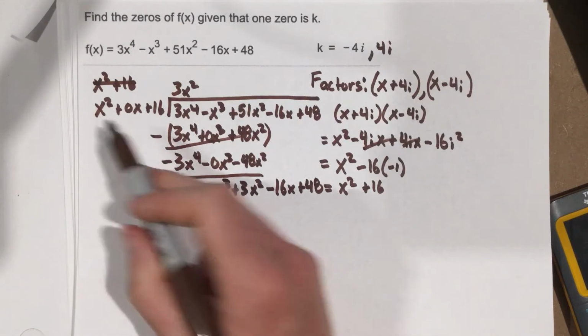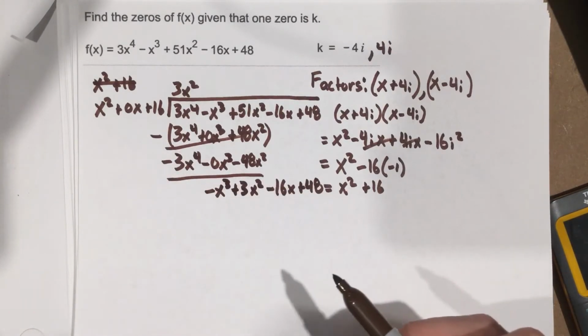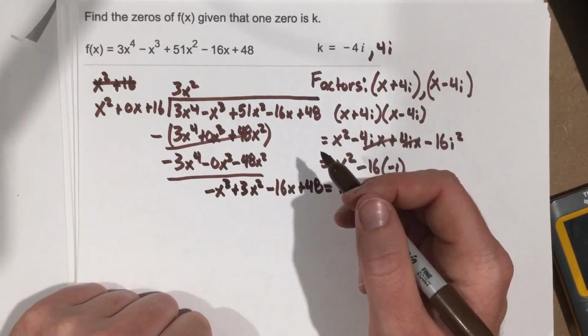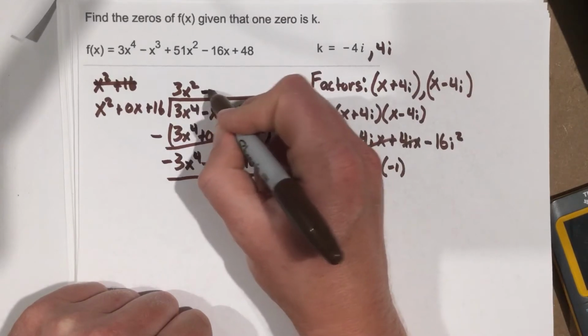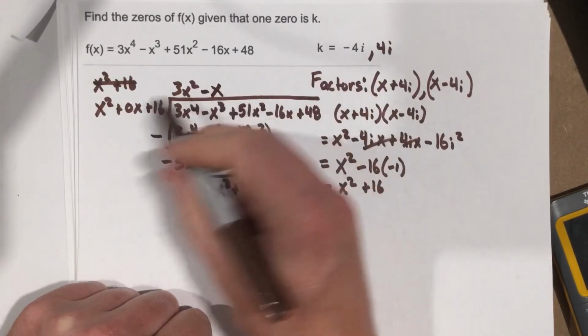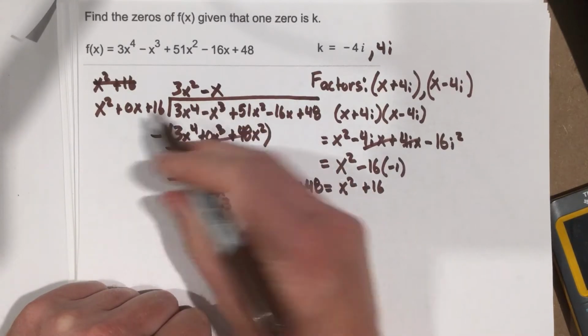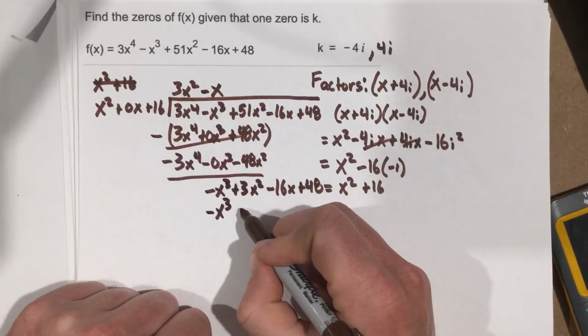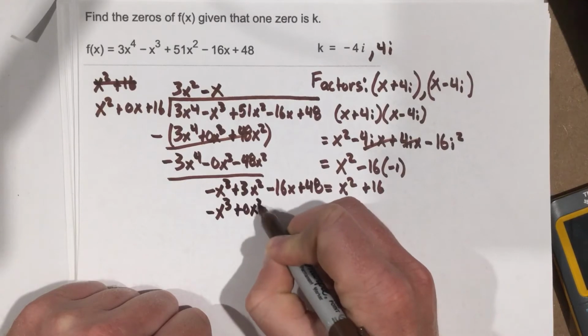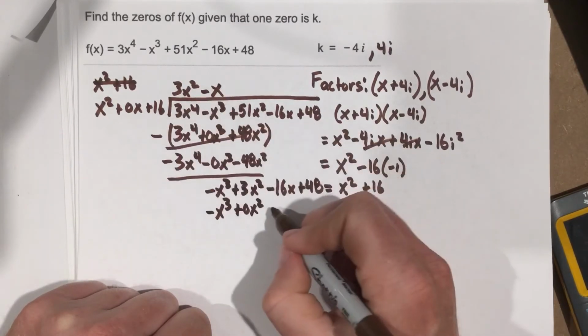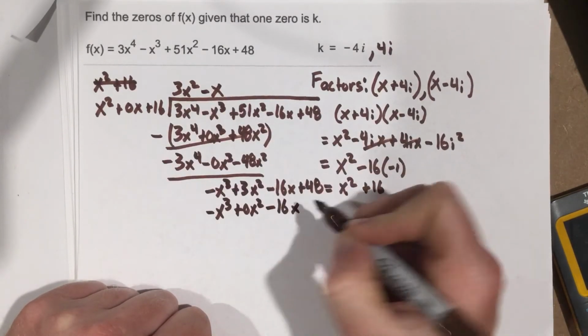Now x squared goes into negative x cubed negative x times. So negative x times this will be negative x cubed. Negative x times 0x is 0x squared. Negative x times 16 is negative 16x.